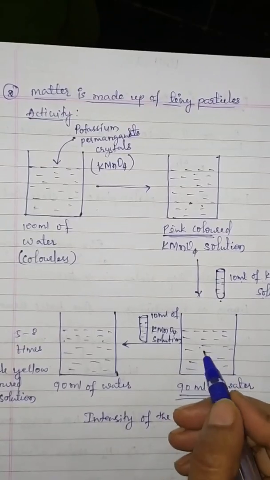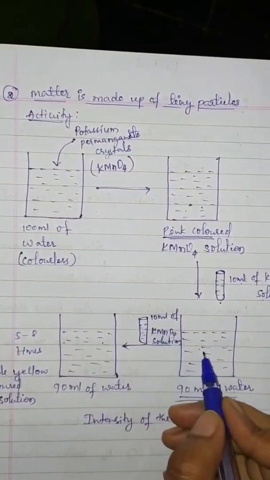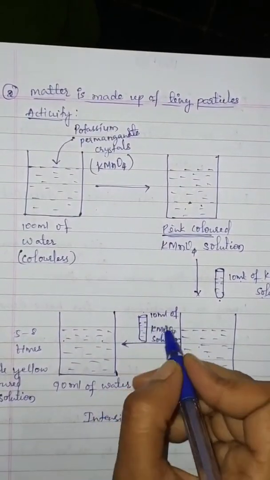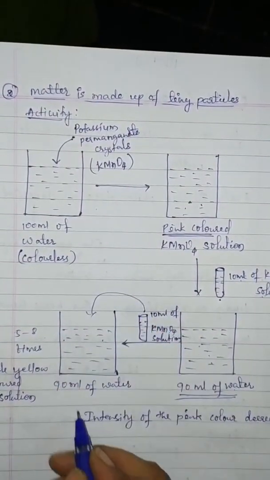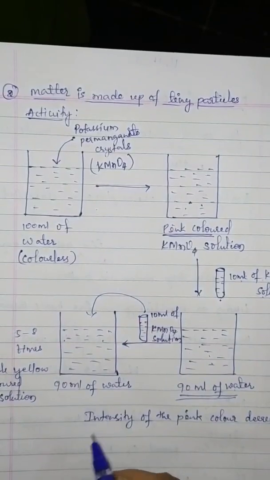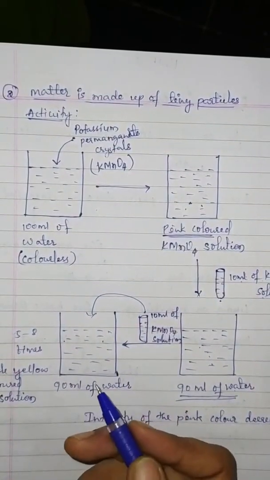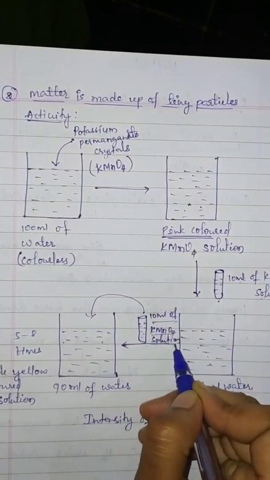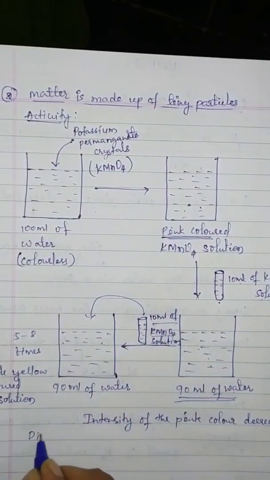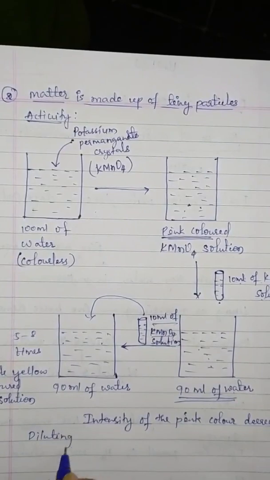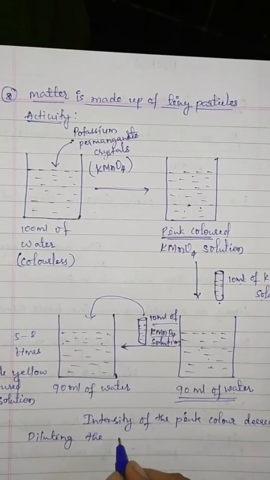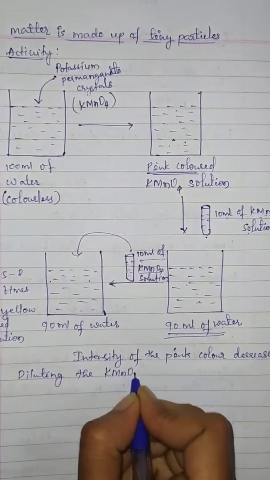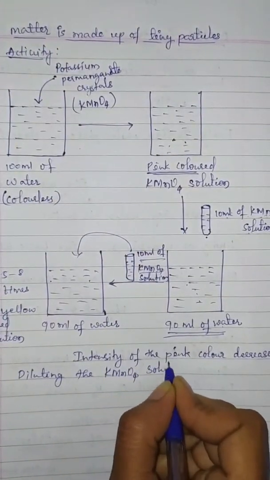Okay, next again I will take 10 ml of KMnO4 solution from this beaker, and again I will pour this 10 ml of KMnO4 solution into this beaker containing 90 ml of water. Like this we are adding more volume of water to the small volume of KMnO4. Okay, here we are diluting the KMnO4 solution.